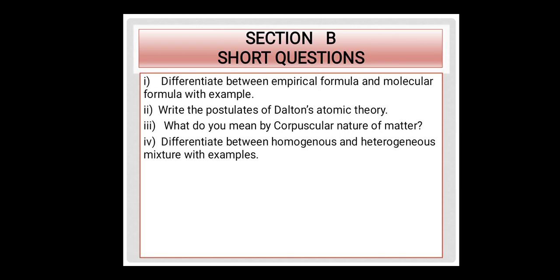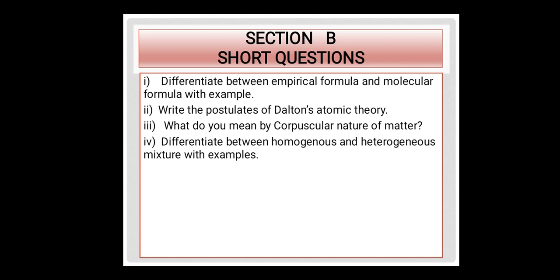So the next question is: what do you mean by corpuscular nature of matter? To explain this nature of matter, we discuss three scientists that give the same concept about corpuscular nature of matter that is based upon the four substances: air, earth, water and fire.